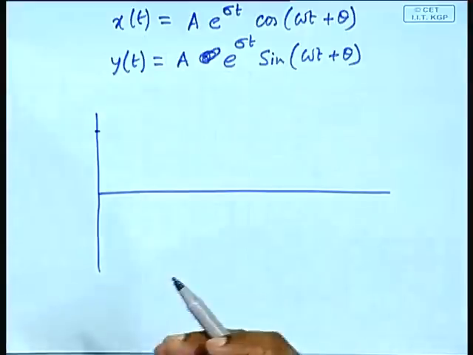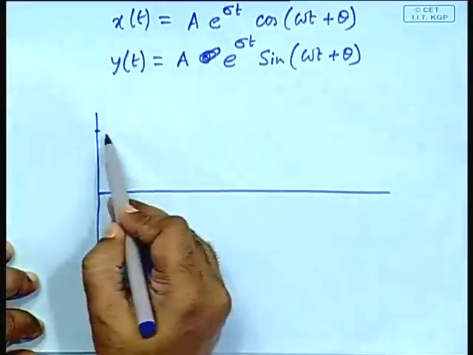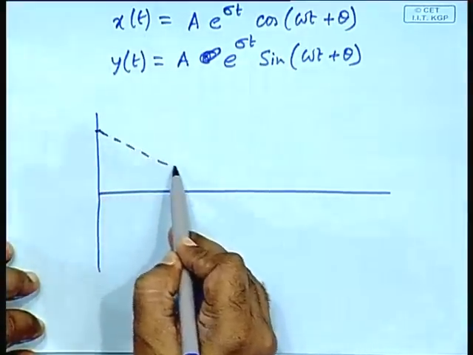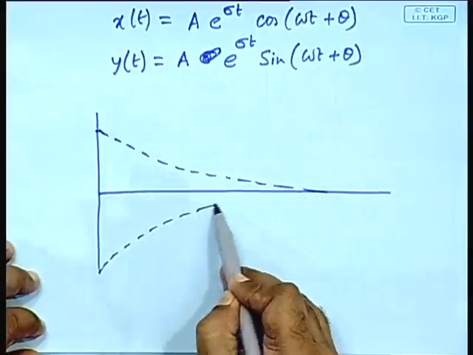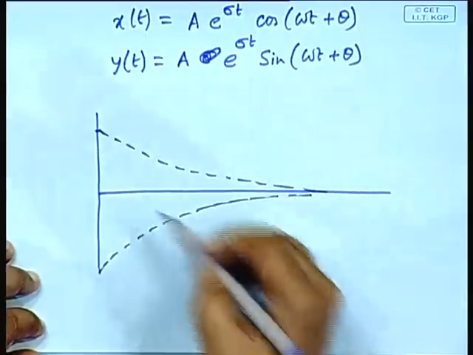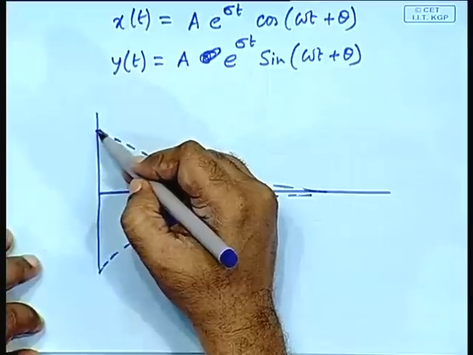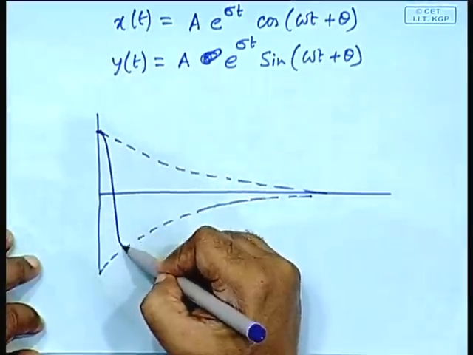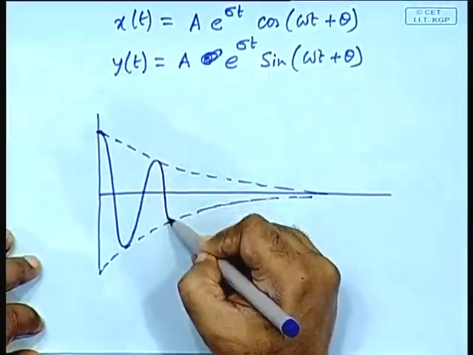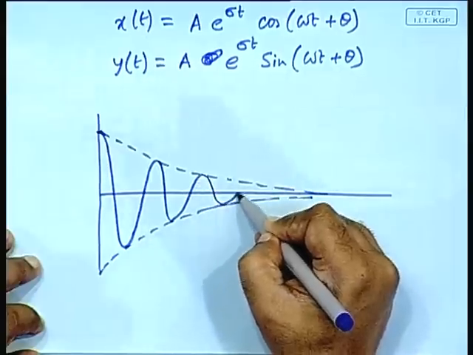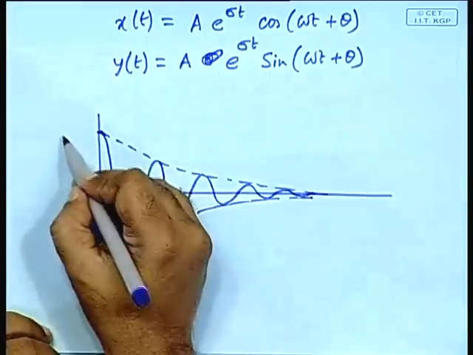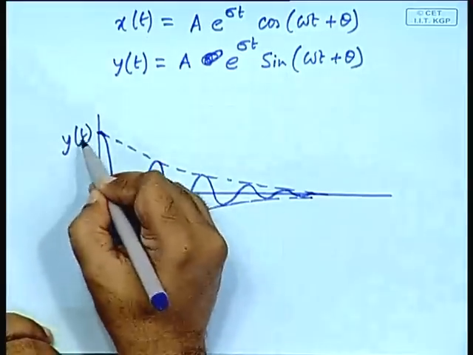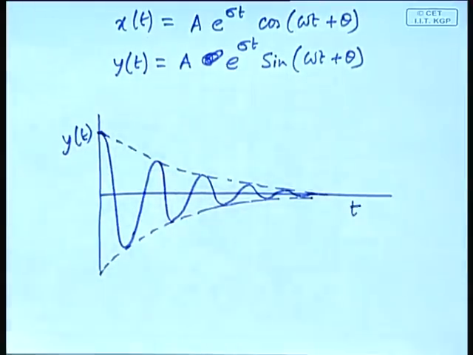And then after that, what will happen? After that, this will define some kind of an envelope like this, and your sinusoid will be this is y t, this is t.